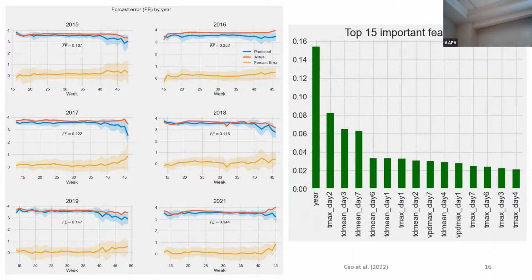The mean forecast error is somewhere around 0.2. And if you think about it, the crop condition range is from 1 to 5, so 0.2, heuristically, is not even enough to move you to the next category. So I think it's very optimistic that we achieve some good prediction.